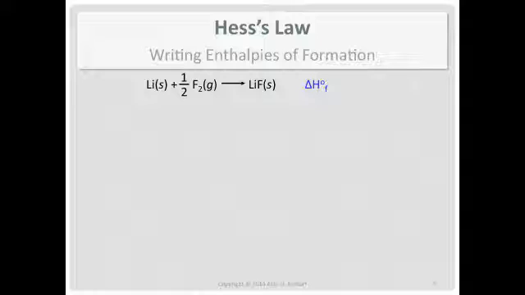It's for the formation of solid lithium fluoride from its elements. And if you look that value up, it's not in the tables I provide my students, but you'll see that it is exothermic and it's 616.9 kilojoules for every mole of solid lithium fluoride formed from its elements. And the negative is on there because it's exothermic.